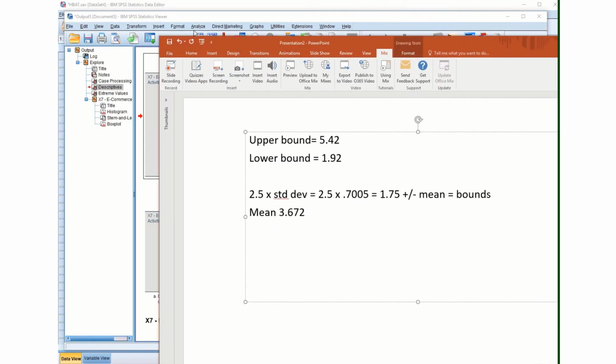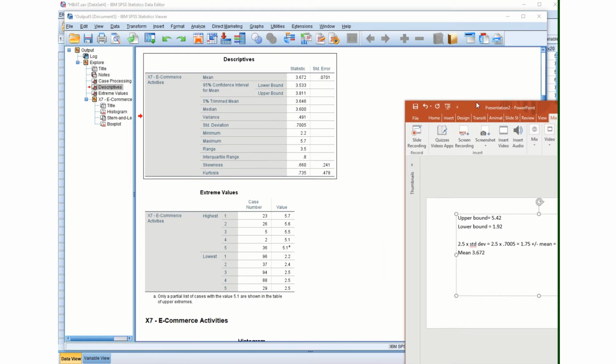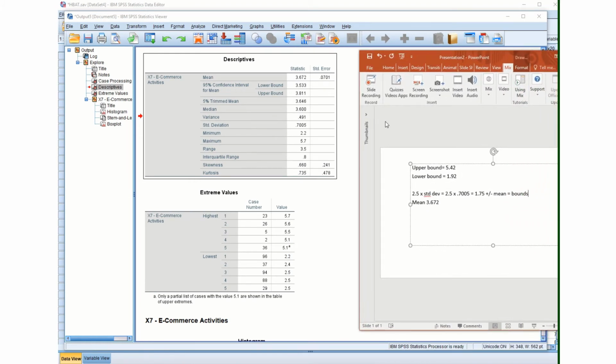Actually, I can probably, well, it's not going to work quite 100% right here because things are going to get moved around. Oh, well, actually, it's right here. So we look at our extreme values that we have. And again, I told you that SPSS gives you these, but it doesn't necessarily use the 2.5 rule. It probably uses a two standard deviation rule.